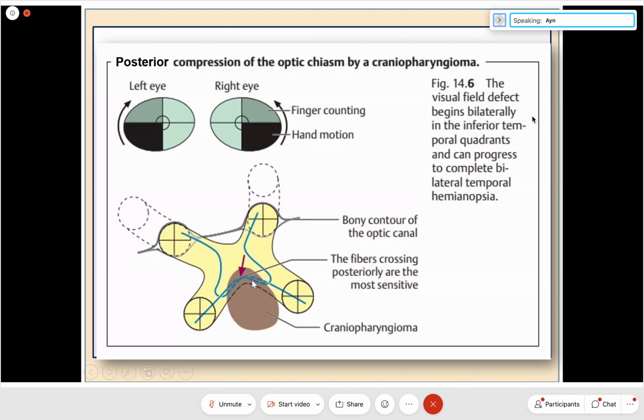On the other hand, if the compression is at the posterior part, either due to pituitary tumor or craniopharyngioma, as we know the craniopharyngioma may arise from the pituitary stalk posteriorly, the superior nasal fibers are being compressed, so the patient may have bitemporal inferior quadrantanopia.